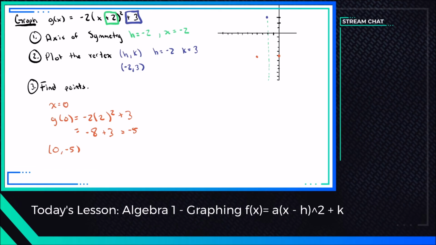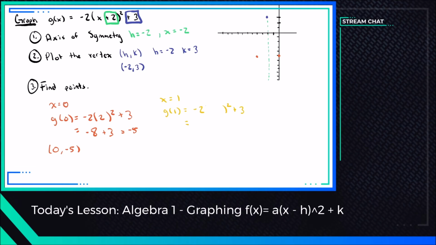Next, let's pick another point. We'll pick x is equal to 1. So we're going to plug in g of 1 is equal to a negative 2 times (x plus 1) squared plus 3. Oops, I totally screwed that up inside there, didn't I?